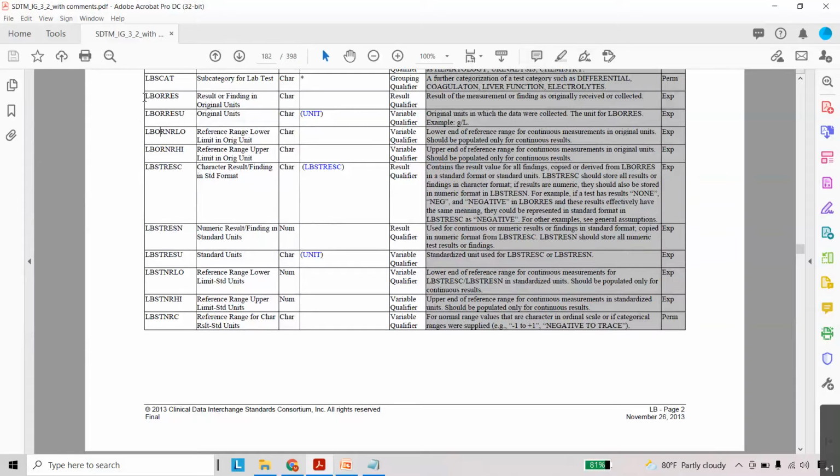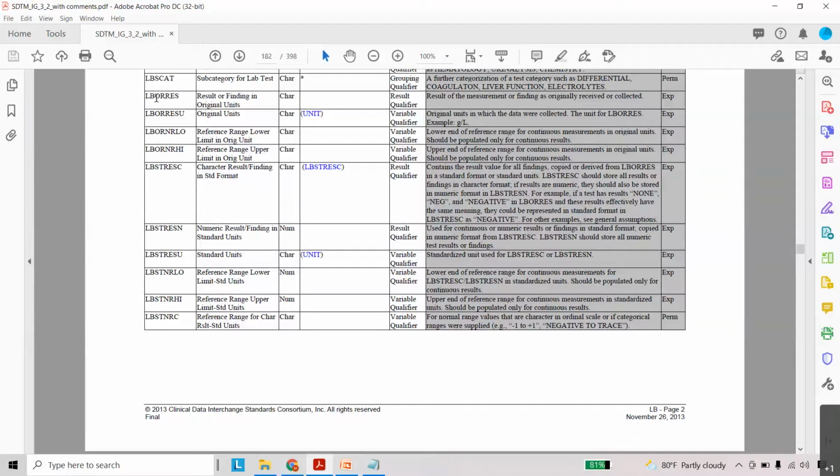How will you convert the laboratory original results into laboratory standard results? It is based on the study documents, and if required, the statistician will provide the conversion factors to convert the results, or it is standardized. It all depends on the company.